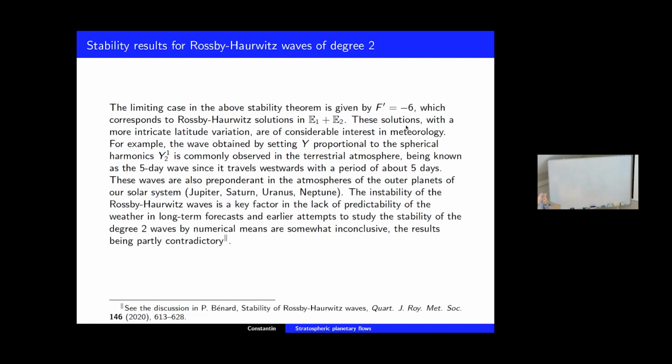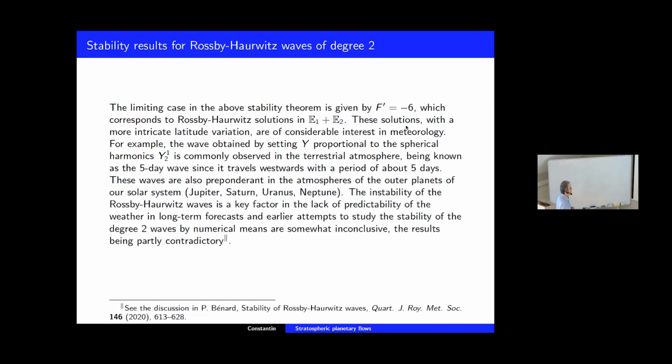You expect big vortices that come and go. The red spot is not a good example because it doesn't seem to grow very much, but there are others that seem to grow. So if there are too many oscillations, it seems to be unstable. If there are few, then this Arnold method works, and this would be the borderline. And what we can show is that this is stable.